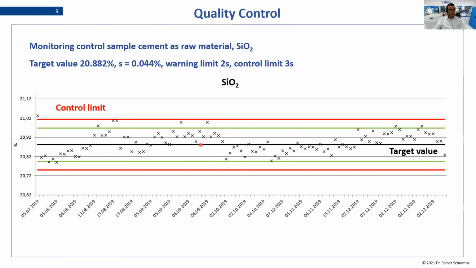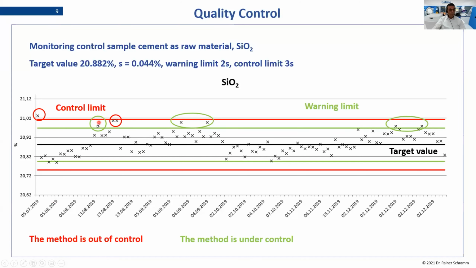So let's see, for example, here, this point is outside the control limit. So this means our method is out of control and there is some action needed. The same here with these 2 points, which are still in between the warning and the control limit, but because it's 2 values after each other, we say this is reason enough to take the method out of control, and we have to check what is wrong.